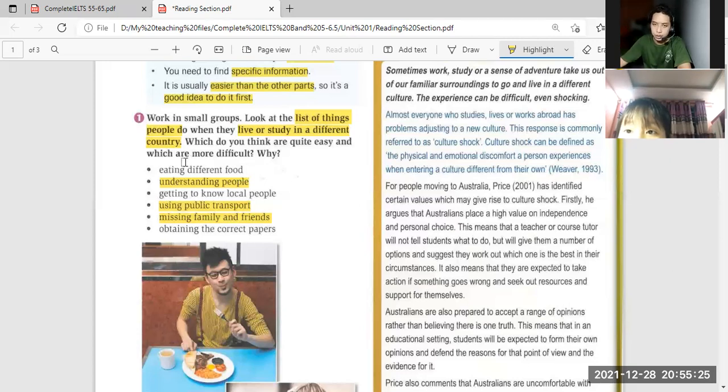For example, when you want to live or study in America, what kind of food from America is difficult to eat for Vietnamese people? Can you tell me?